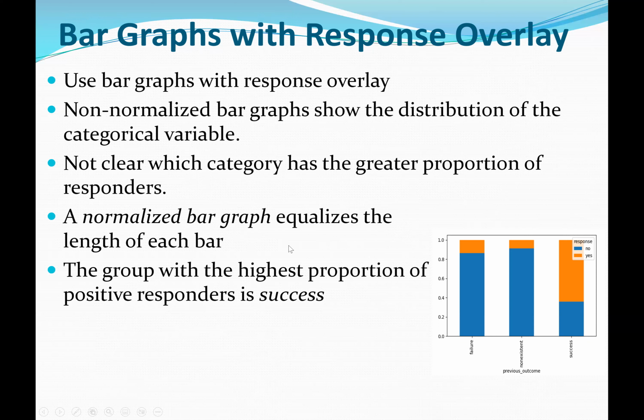A normalized bar graph normally will equalize the length of each bar, but non-normalized bar graphs show the distribution of the categorical variables. So again, we can use either bar graph with response overlay for exploring the relationship between a categorical predictor and a categorical target variable.